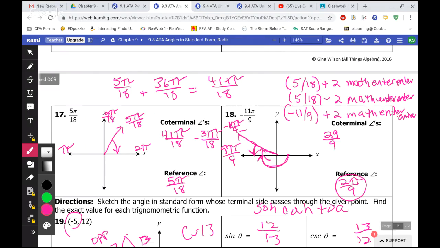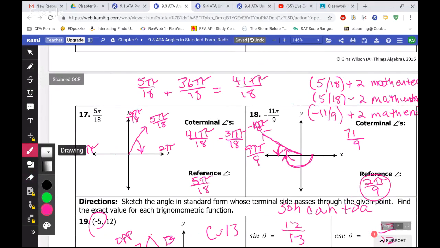Okay, I got 7 pi over 9. That's what you should get. And now type in open parentheses, negative 11 divided by 9, close parentheses, minus 2, math, enter, enter. Now you should get negative 29 over 9.